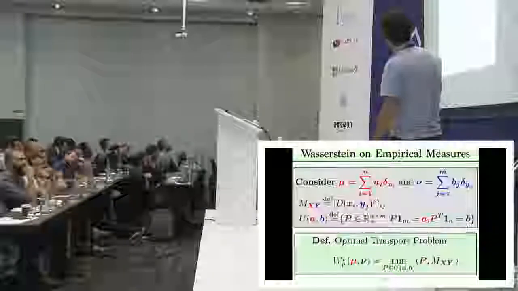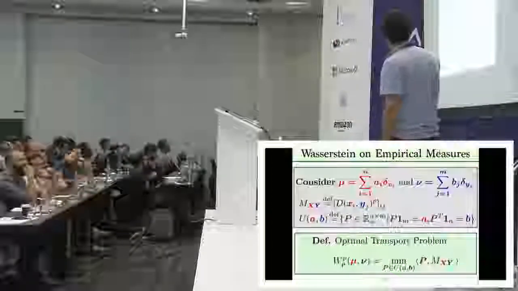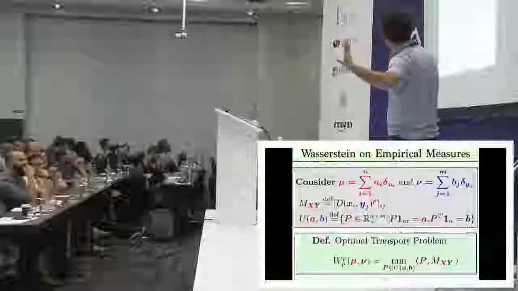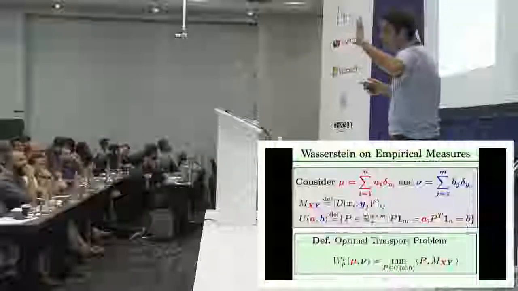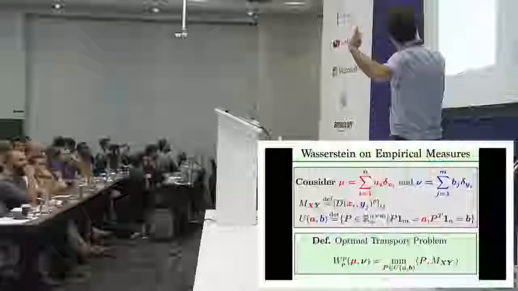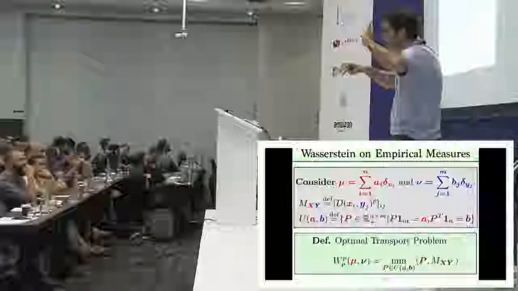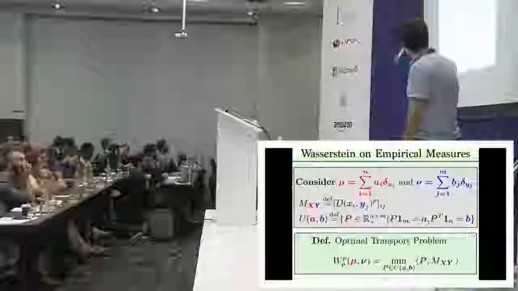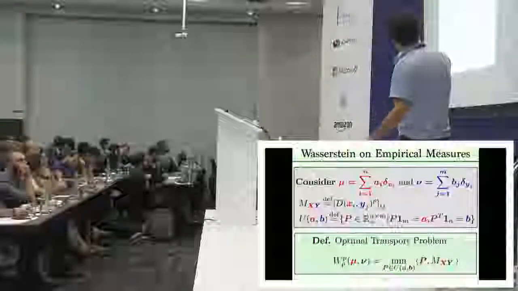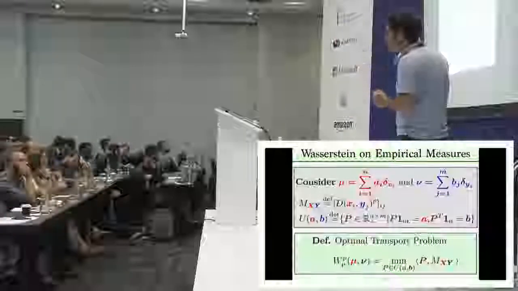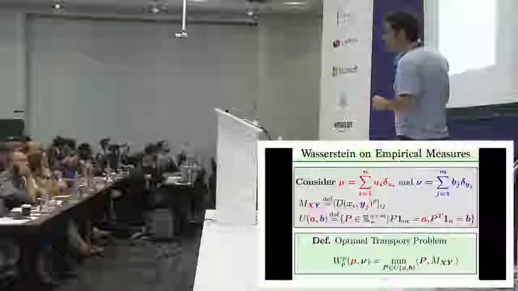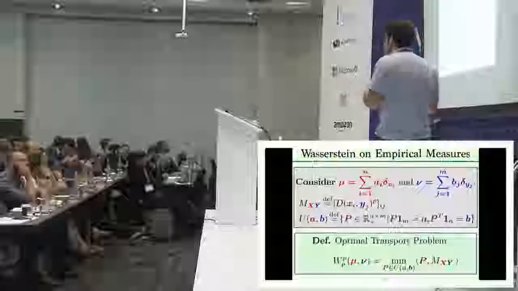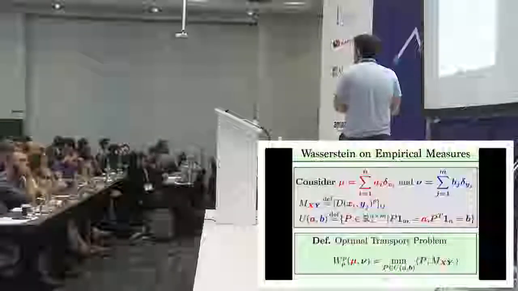And so here I've written this in a slightly more compact way, which is all the matrices n by m. So remember, n is the size of the first measure, maybe how many barracks there are, and m is how many frontline points I need to cover. And so it will be P of size n by m, such that P times the vector of 1s is equal to a, and P transpose times the vector of 1s is equal to b. Okay, so it's just a conservation of mass constraint.